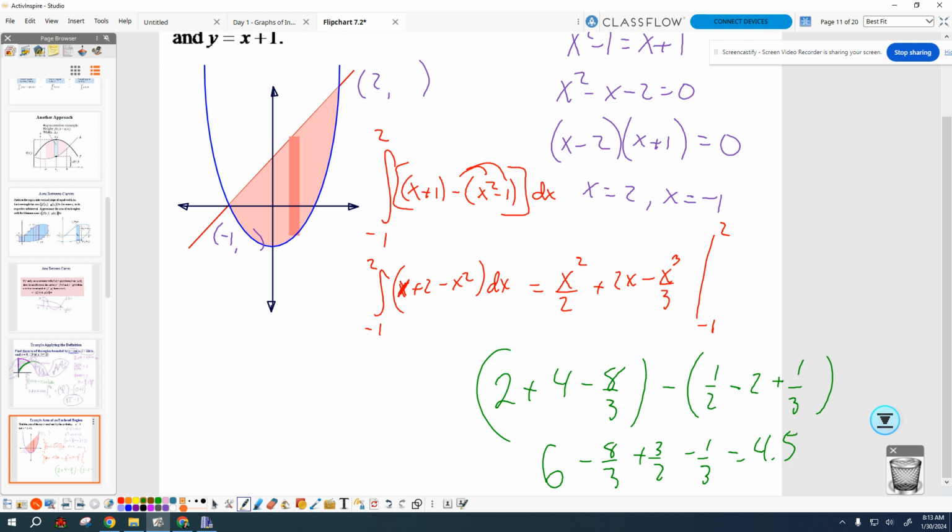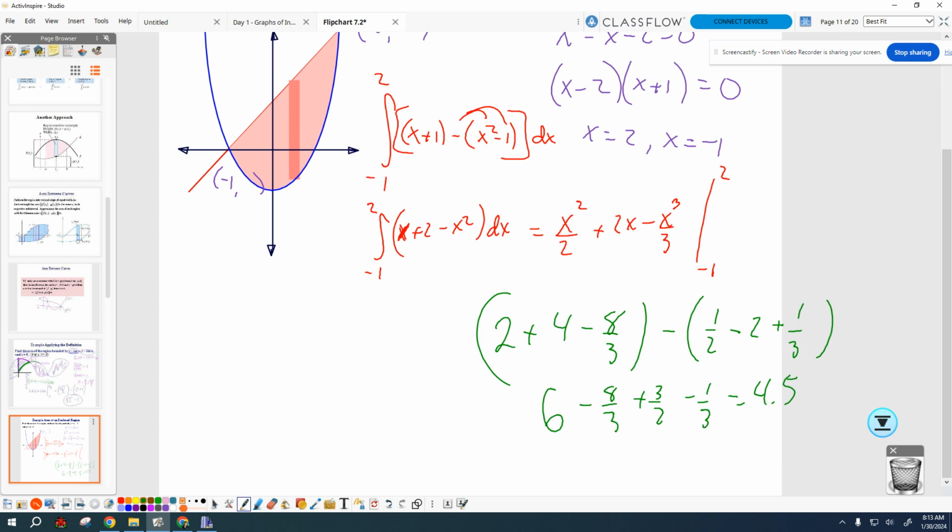Because negative 8/3 minus another 1/3 is negative 3. 6 minus 3 is 3, plus 1.5 is 4.5.